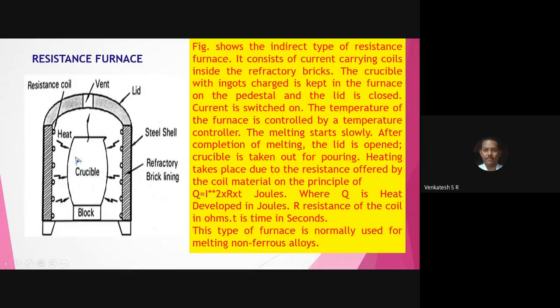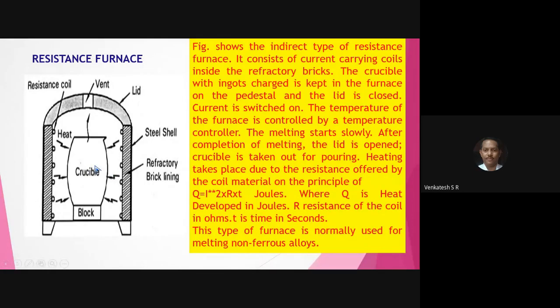The metal changes from solid state to liquid state, and after reaching the pouring temperature, if it is a non-ferrous metal, the pouring temperature may be 600 to 900 degrees centigrade. If it is cast iron, the pouring temperature may be 1350 to 1400 degrees centigrade.